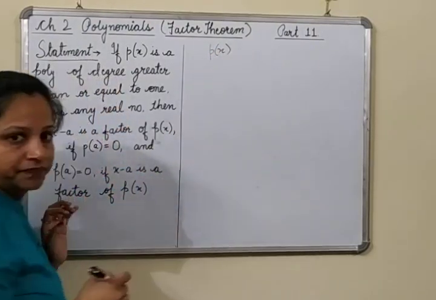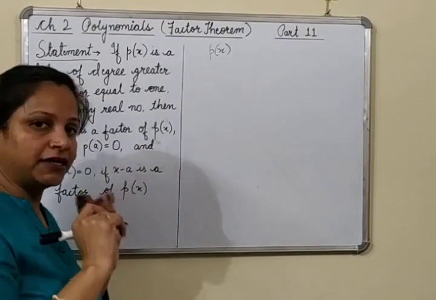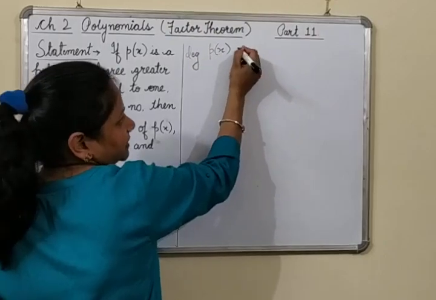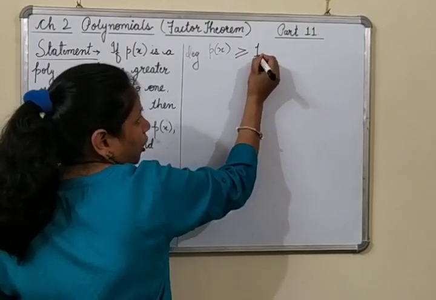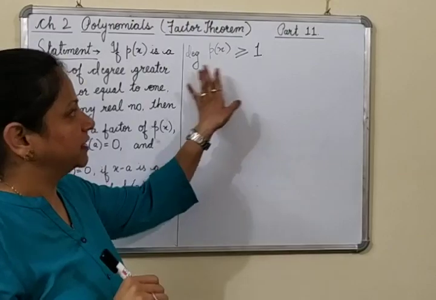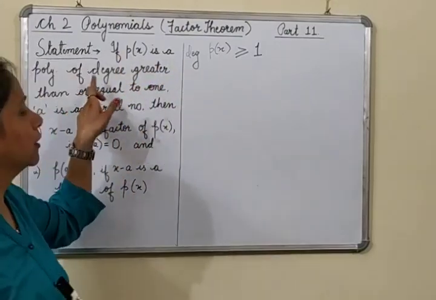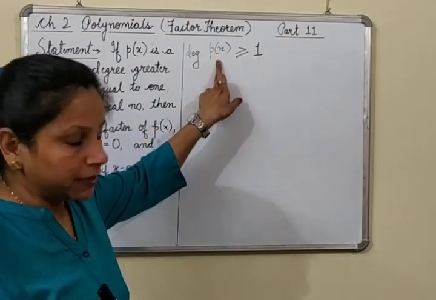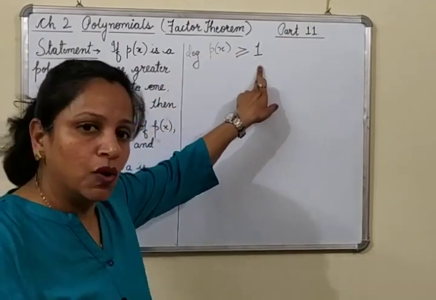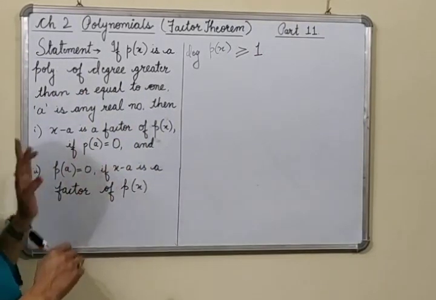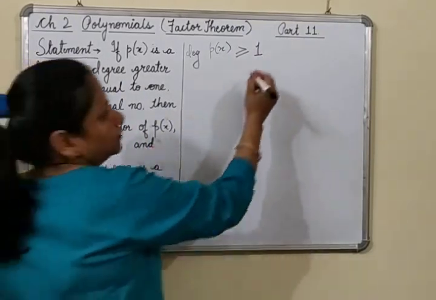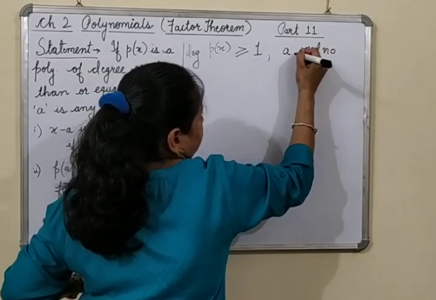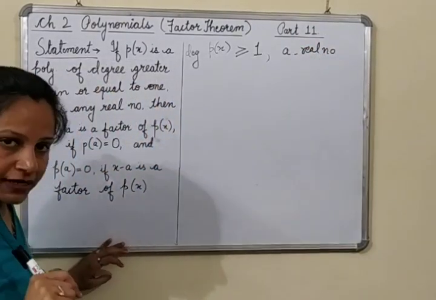If Px is a polynomial of degree greater than or equal to 1 and a is any real number, then the same statement till here was there for the remainder theorem. We have taken Px as any polynomial in the remainder theorem also, and the degree of this Px is greater than or equal to 1. Also we have taken a as any real number. There also we took a any real number.